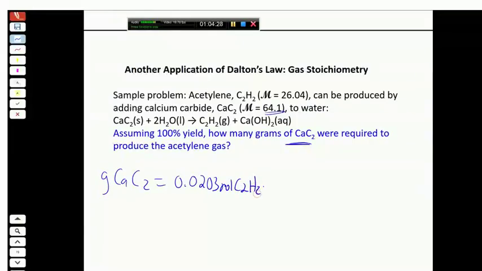And if we want to find out how much of our reactant we needed to produce that, it just becomes a simple stoichiometry problem where we use, again, mole ratios. There's a coefficient of 1 in front of CaC2, calcium carbide. Also a coefficient of 1 in front of this product, so it's a 1-to-1 mole ratio.